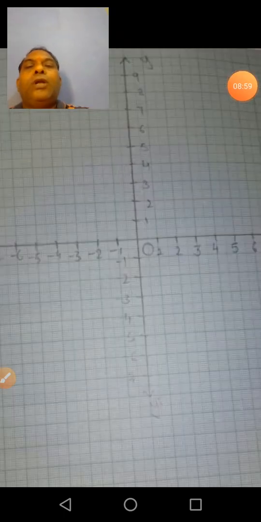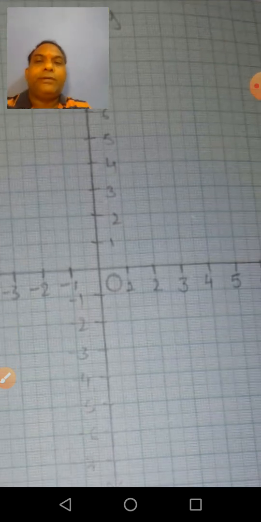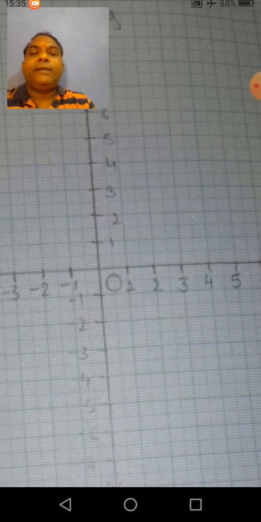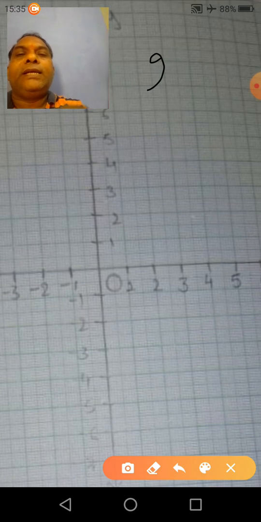So now see this graph. Suppose you have to plot the point (2, 3). Clear?